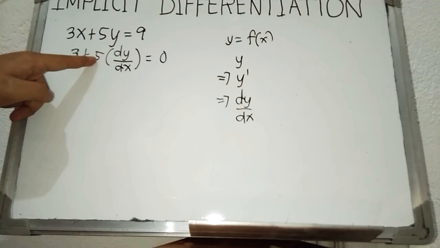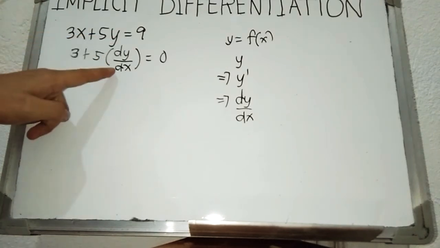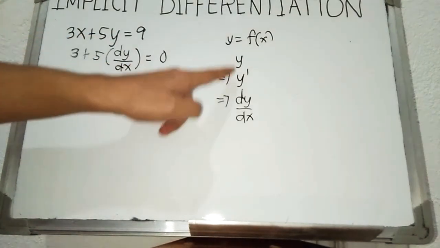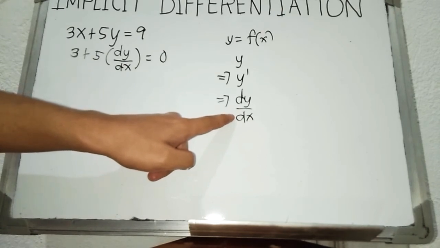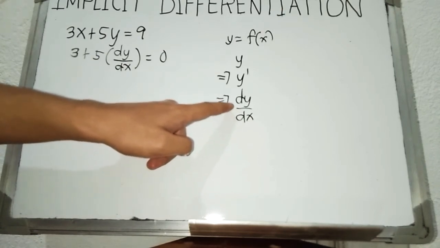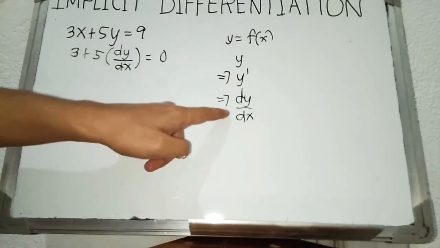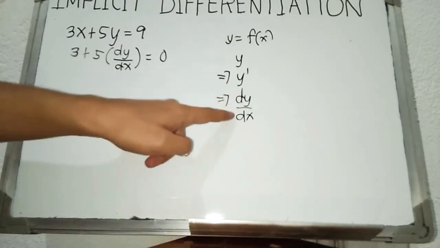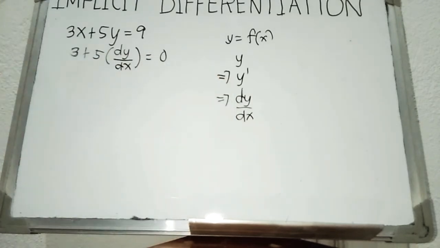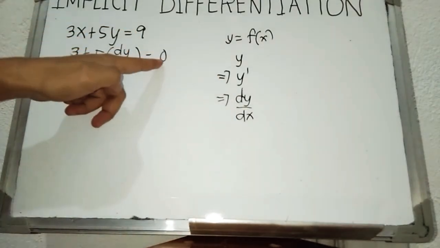So copy the constant, and then the derivative of y is dy over dx, which is our agreement a while ago, that the derivative of y is dy over dx or y prime. So you can choose any of the symbols. The derivative of 9 is just 0.